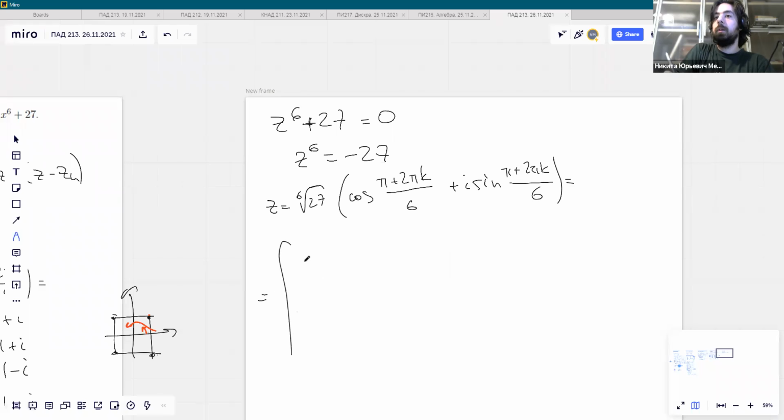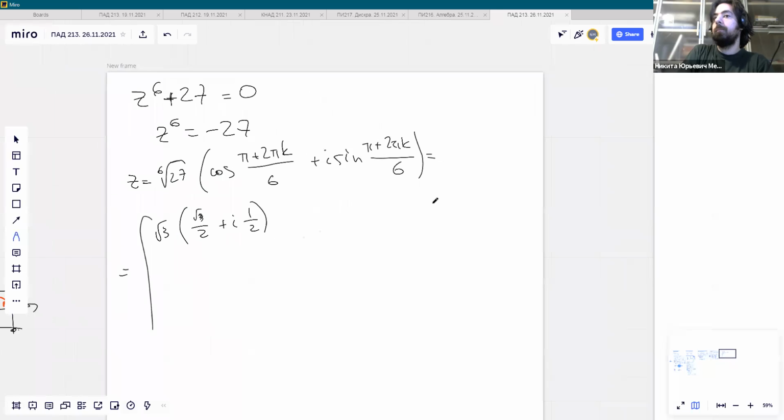I want to write down all the possible results. So let's be careful. The first one, cosine of pi over 6. Pi over 6 is the small angle, cosine is the bigger side. So that's square root of 3 over 2 plus i times 1 over 2.